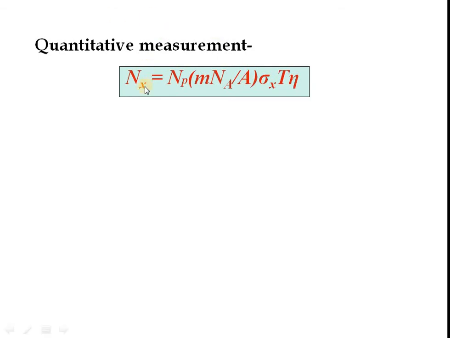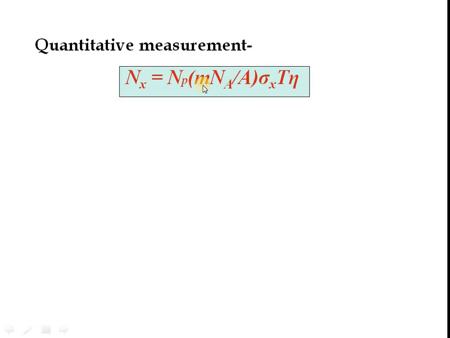And this is a numerical equation used to get the number of unknown elements, nx. That depends on different factors, like the number of protons incident on the sample, and the mass of the particular analyte. Analyte means the element of interest, because the sample may contain so many elements. Suppose you are taking coal.